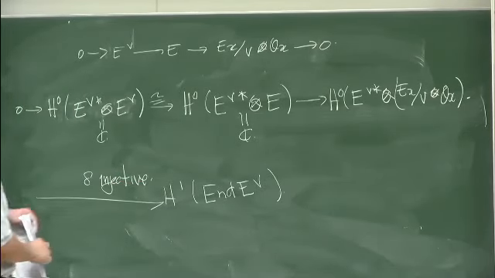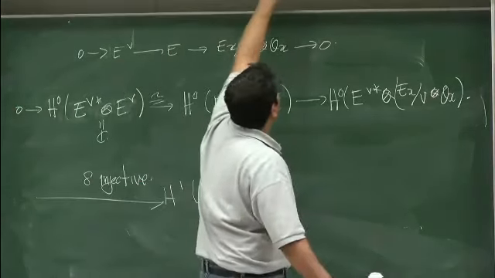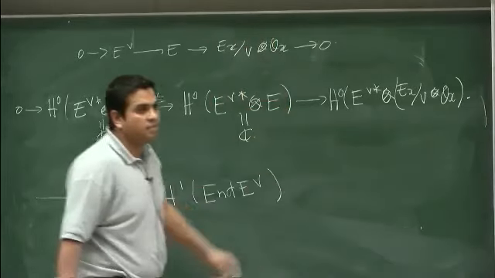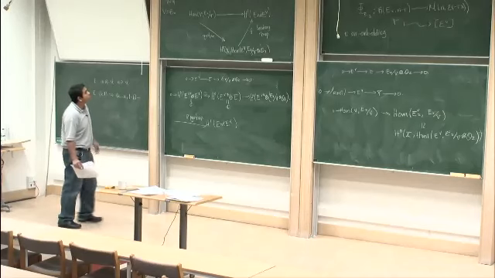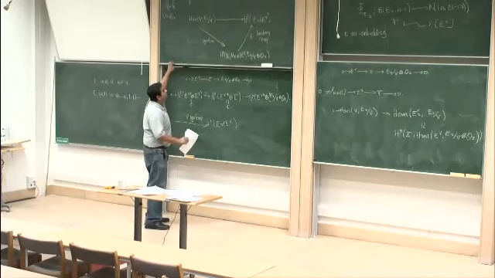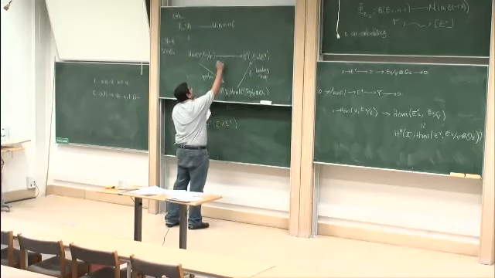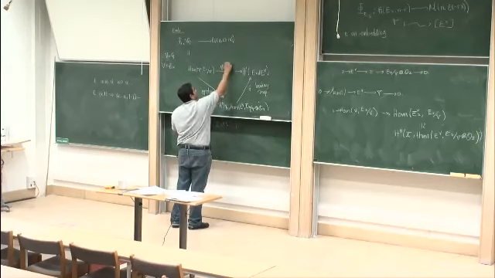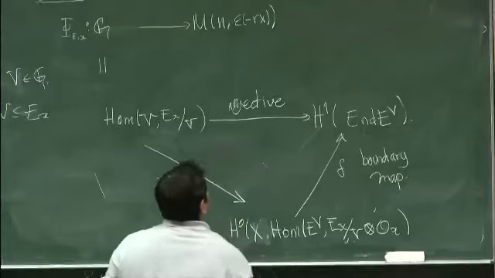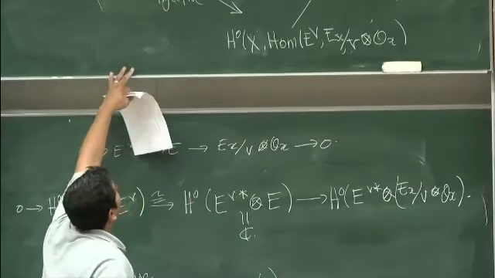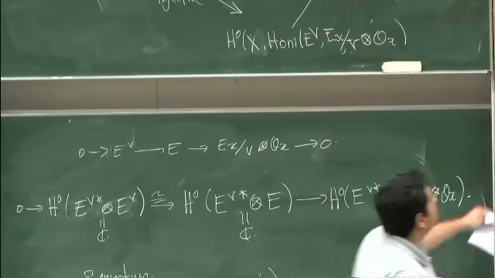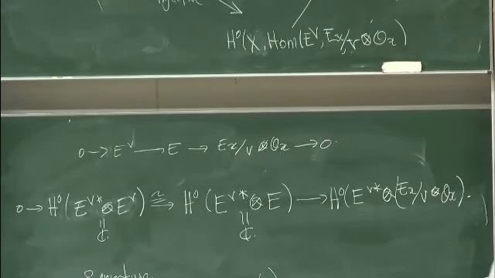But this is precisely this morphism, and then we have the injectivity for those maps. Then the conclusion is that this is injective. And that means that we have an embedding with this morphism.